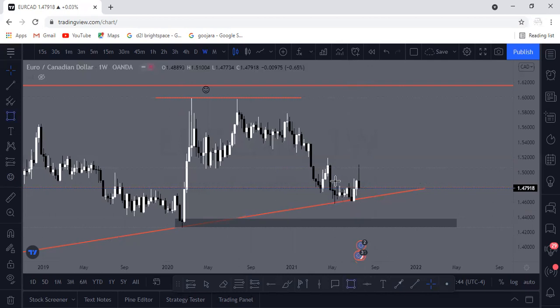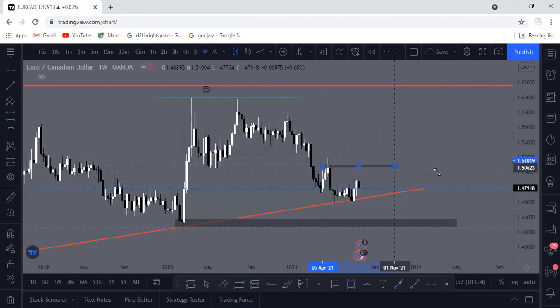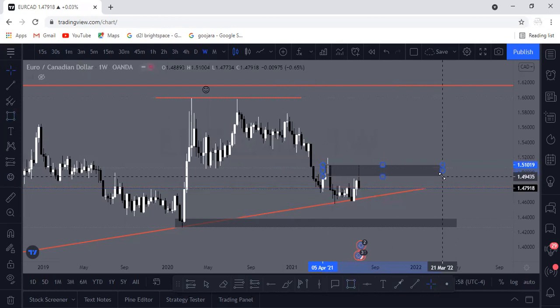Let me try to mark it up once again. So this is an order block here, meaning the price is from this strong order block, and now it has to push to the downside.